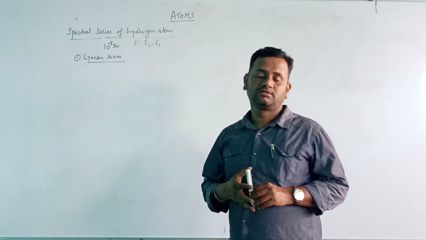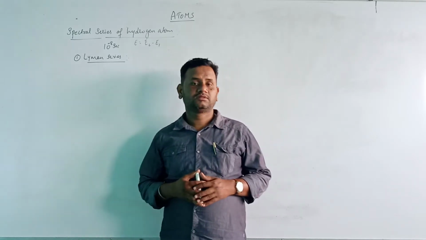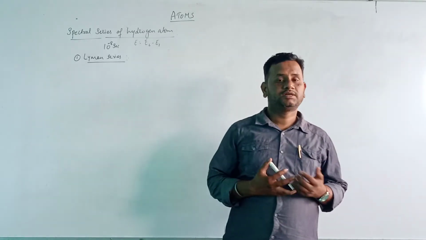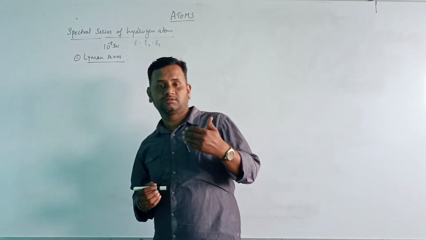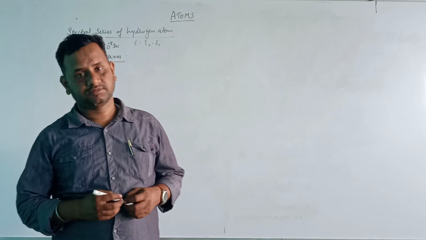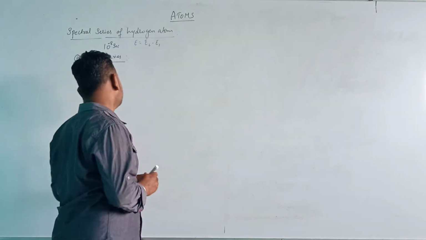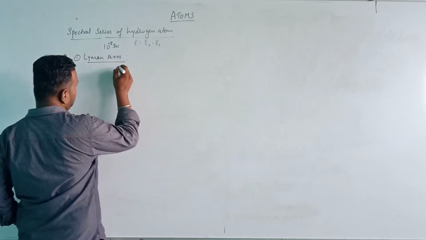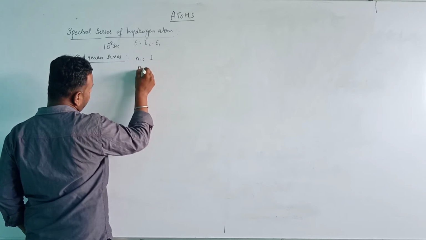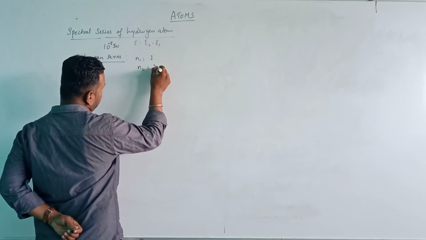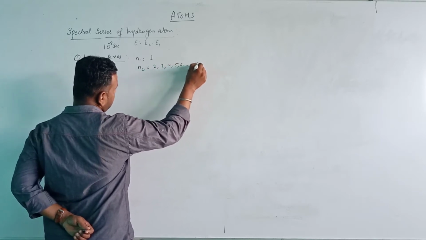This series consists of all the spectral lines emitted because of the transition of an electron from higher orbit to the first orbit. That is, here N1 is equal to 1 and N2 is equal to 2, 3, 4, 5, 6, up to infinity.